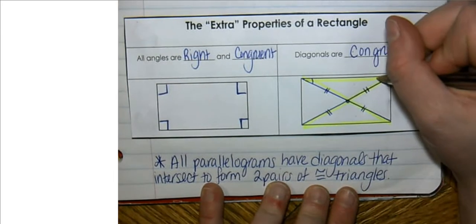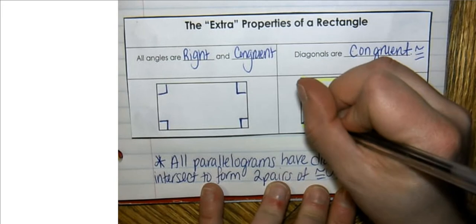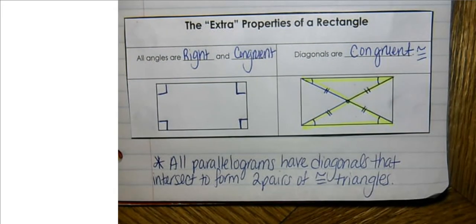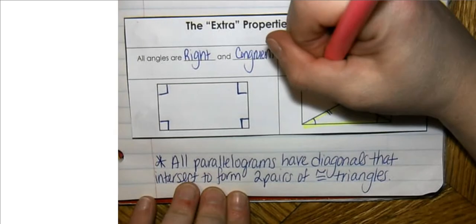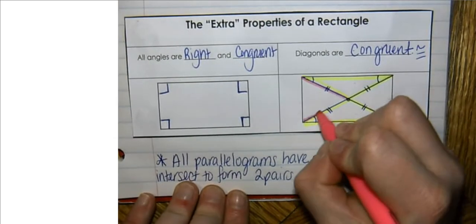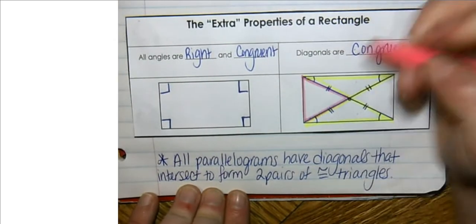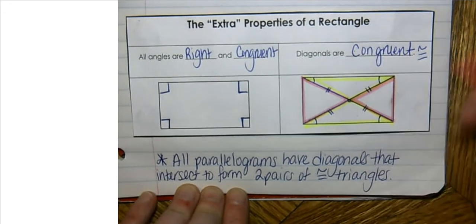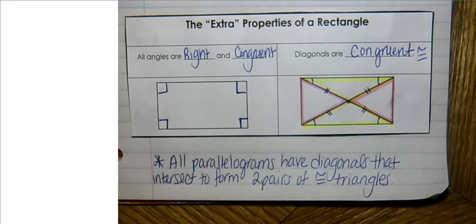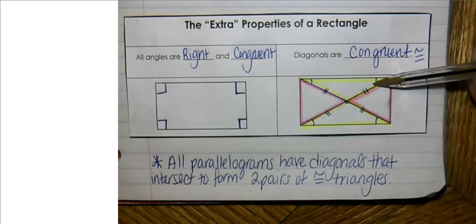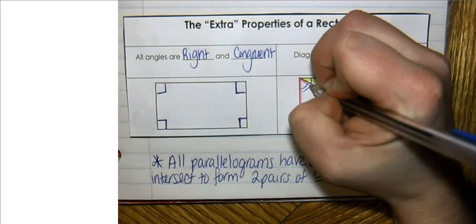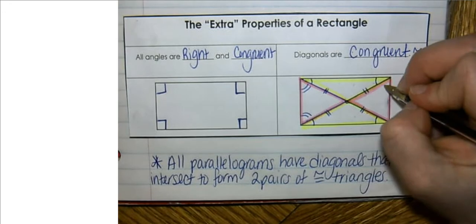That means that their base angles are going to be congruent. Over here, we have two pairs of congruent triangles, but more specifically, these are isosceles triangles, because we have two sides that are congruent. So that means their base angles are congruent as well.